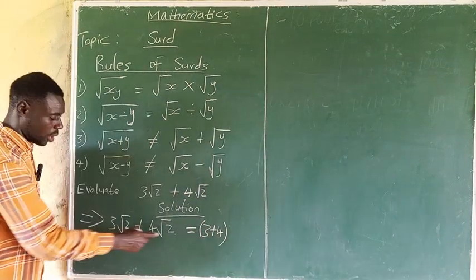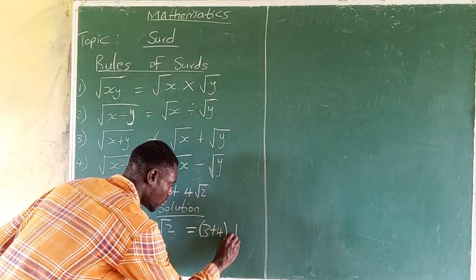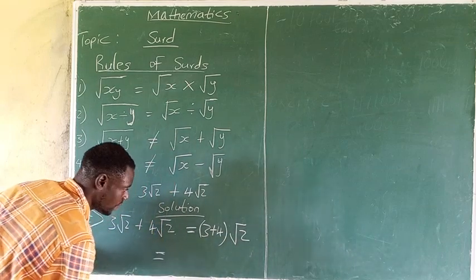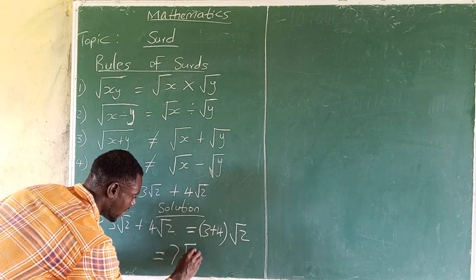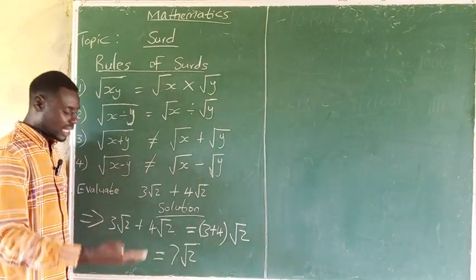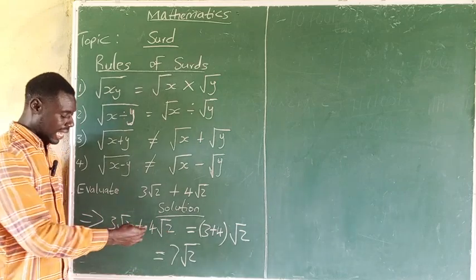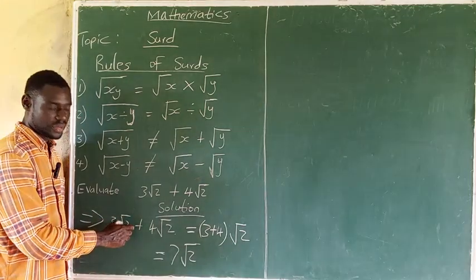Then I pick one of the roots since both of them are sharing the same root, root 2, which will end up giving me 7 root 2 as my final answer. So what we just did here was just focusing on the roots. If they are the same, add what is in the front. If they are the same, pick one of the roots.